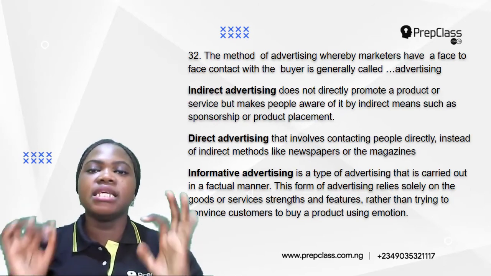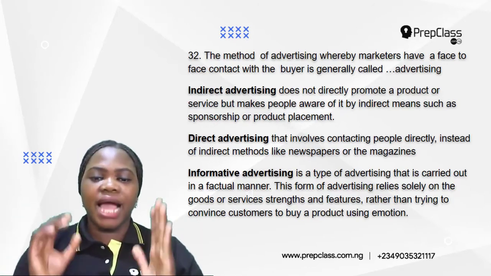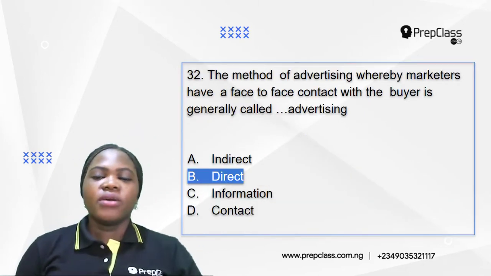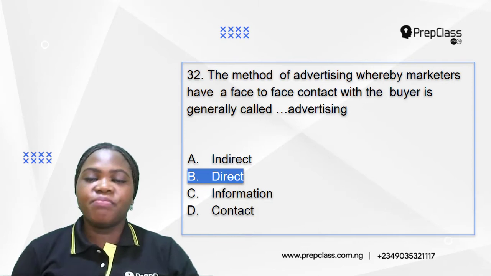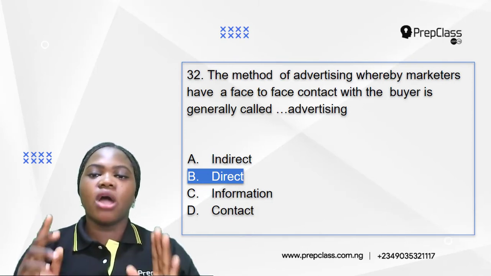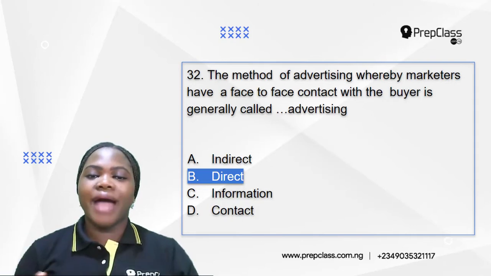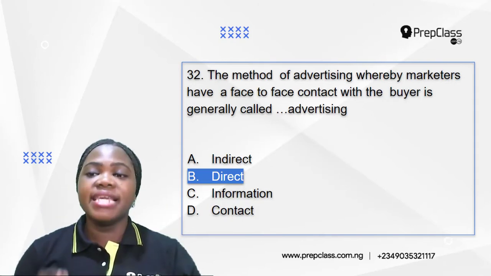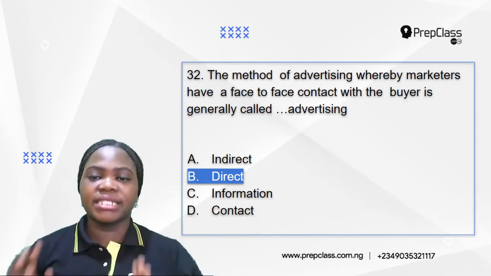Okay, so which of the options is correct? B is the correct option, direct advertising. The method of advertising whereby marketers have a face-to-face contact with the buyer is generally called direct advertising.